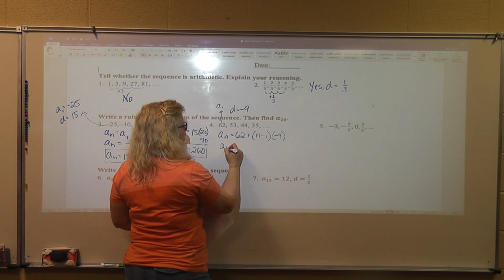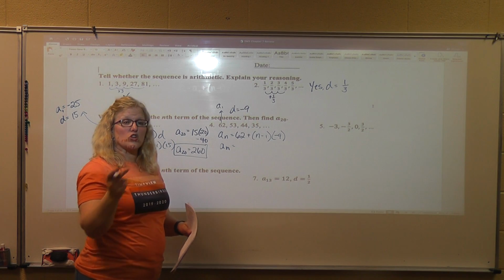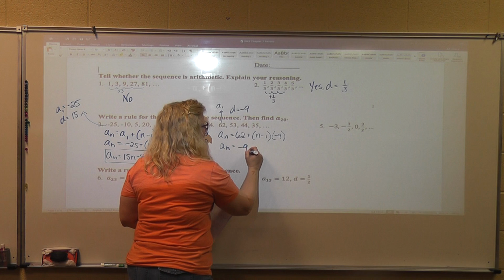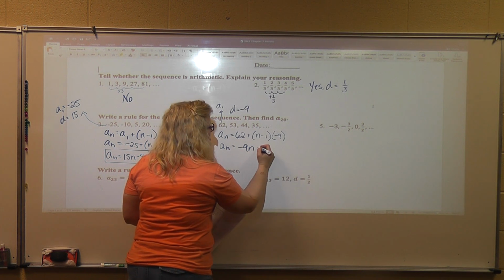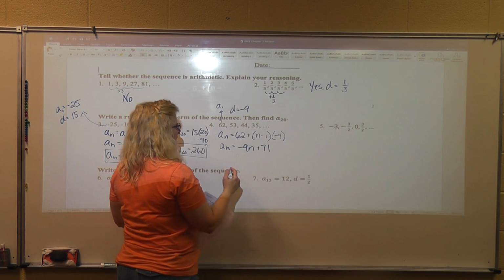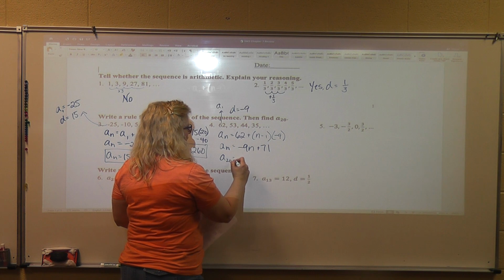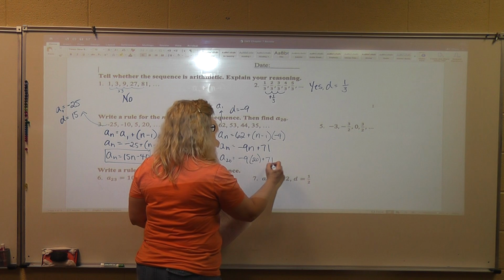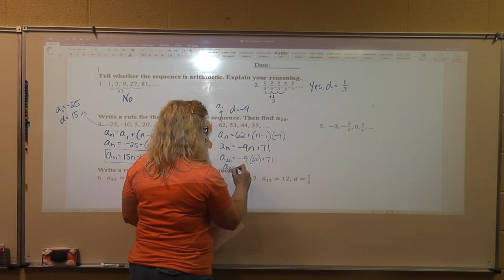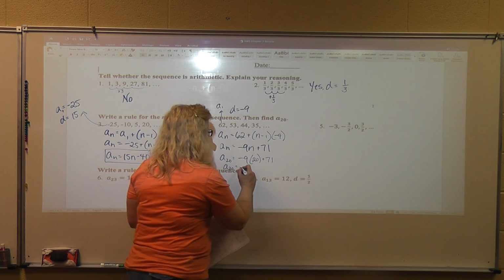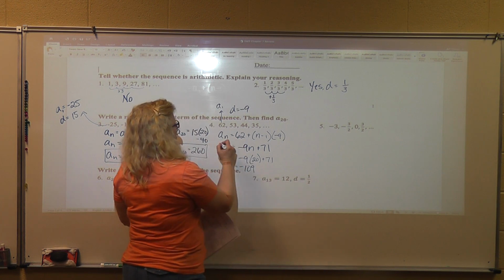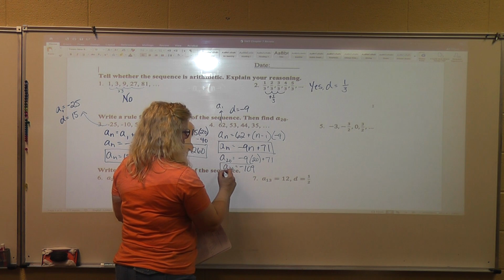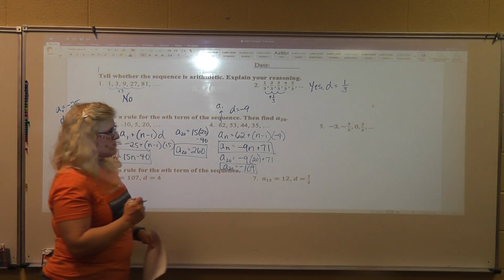Again, when I distribute that and combine like terms, I get negative 9n plus 71. And for a sub 20, I plug in 20 to both of these, and I get a sub 20 equals negative 109. So the two answers that I would need for this are right there.